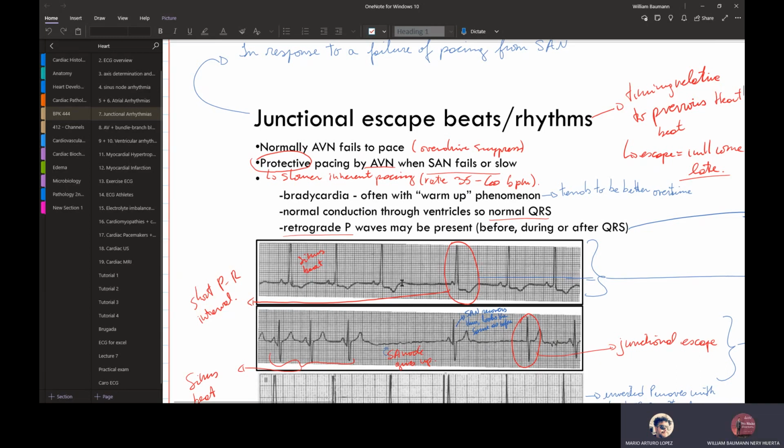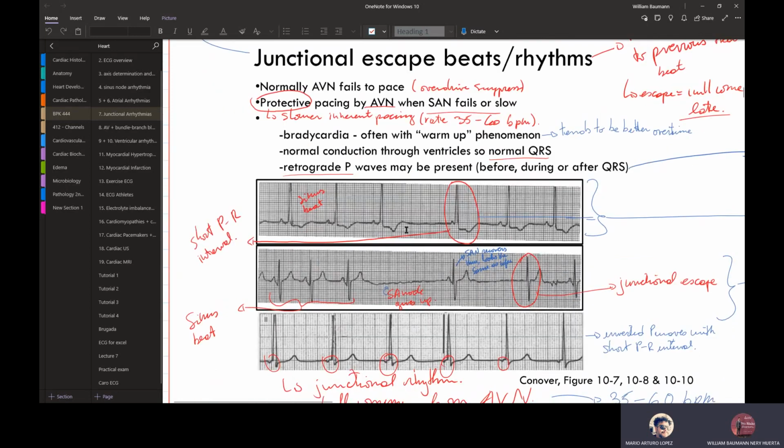Take a look at the other ones. They're all the same length. It says here that you may have a retrograde P wave present. Again, it can occur before, during, or after.